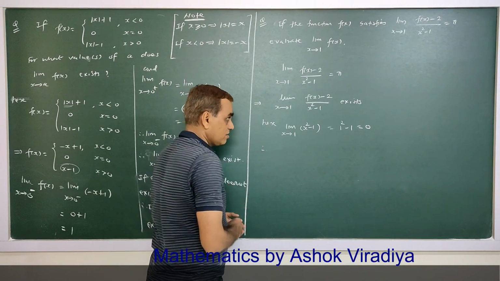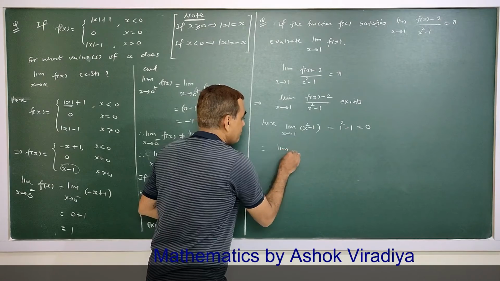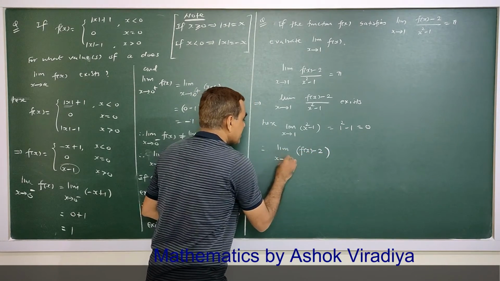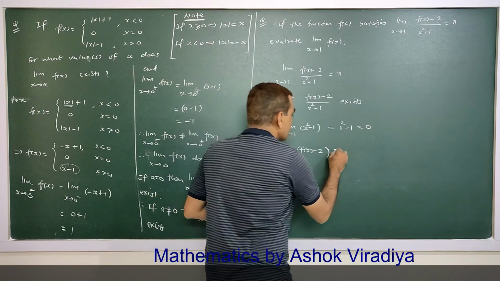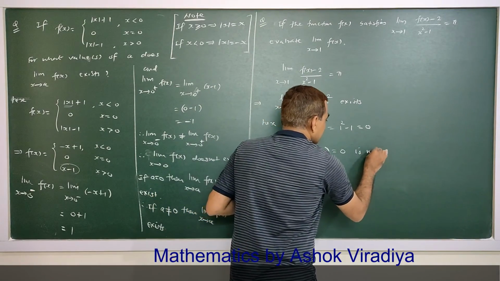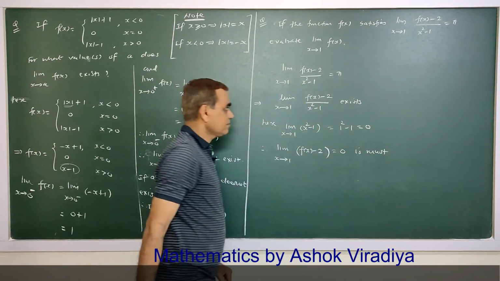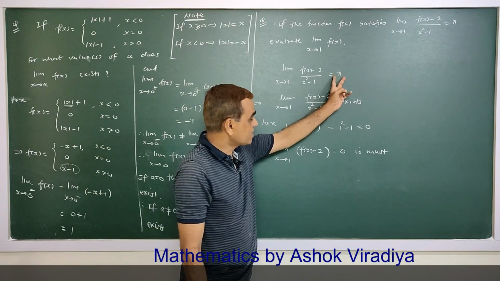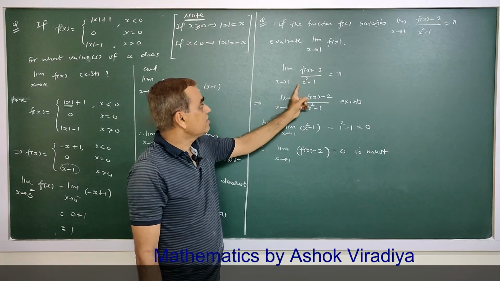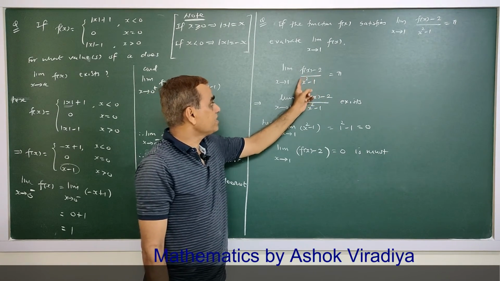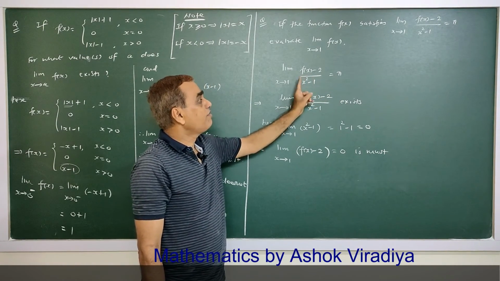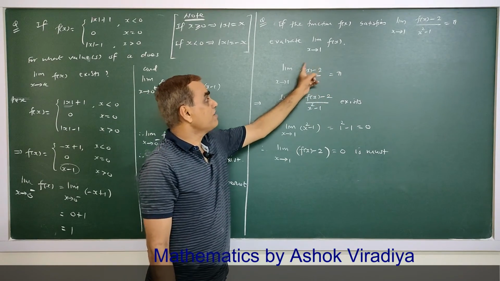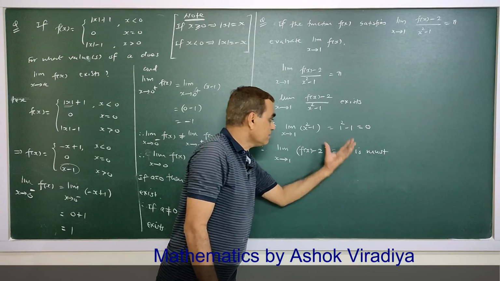Therefore, the limit of the numerator as x tends to 1 must be 0. Because the limit of this function exists and the limit of the denominator is 0, for existence of this limit, the limit of the numerator must also be 0.